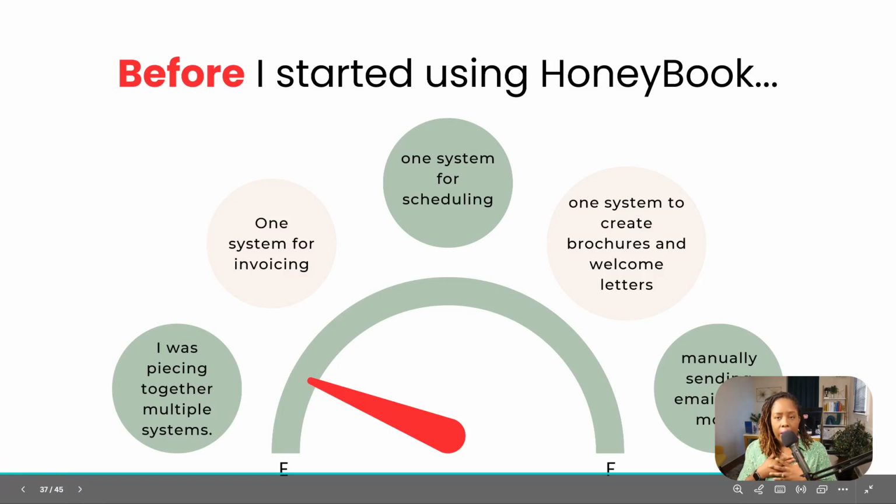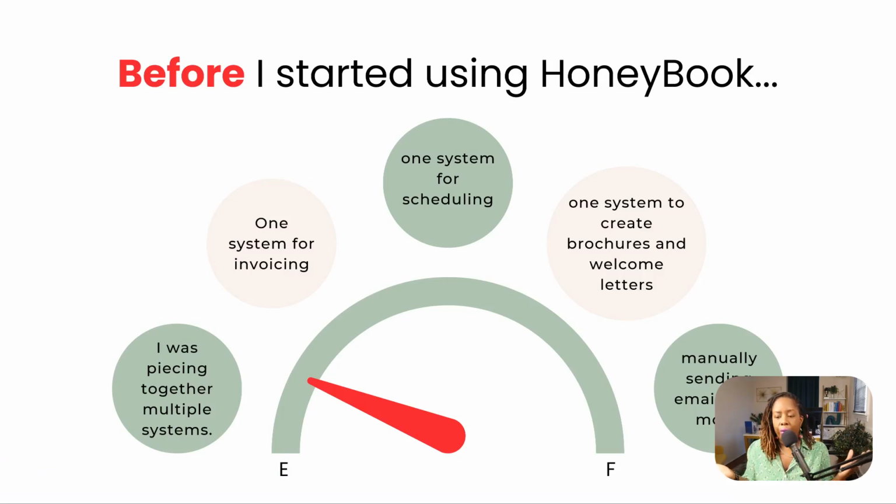Before I started using HoneyBook, I was piecing multiple systems together. I was using Acuity Scheduling for my scheduling. I had Google Drive. I was using Adobe Sign for my contracts. I was literally taking all of these different softwares and having to manually send out things from each one of them.